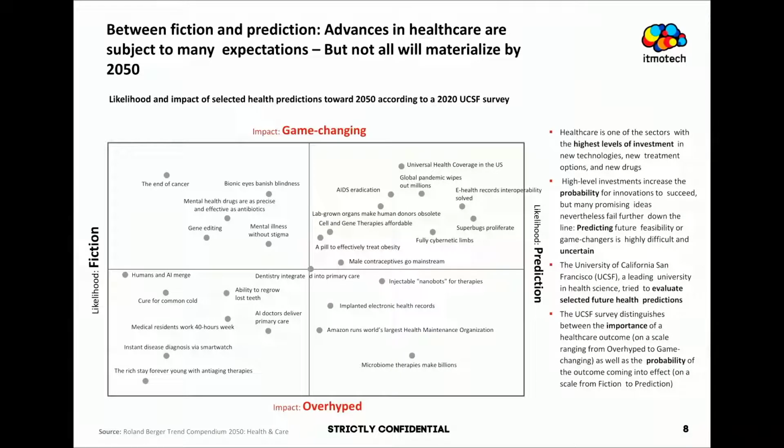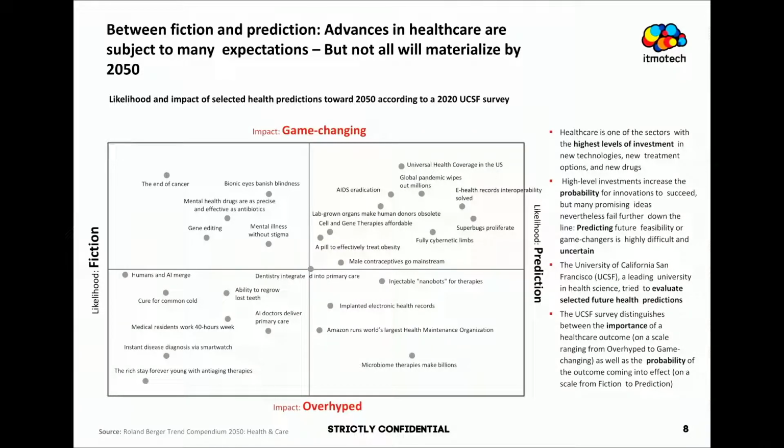The other way to choose the right technology trends was to make a survey. And this is a very funny survey. This is a survey done at the University of California, San Francisco, where some of the great scientists were asked what they think would be the major trends which have impact.